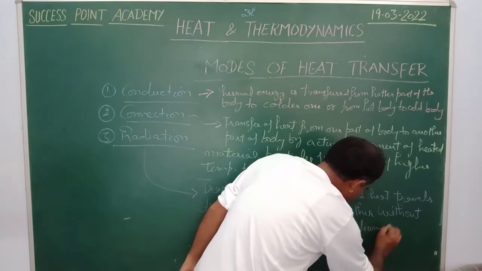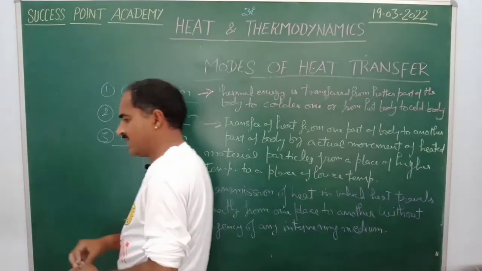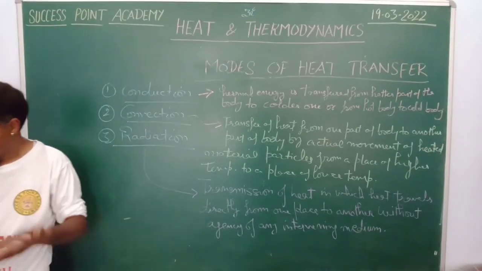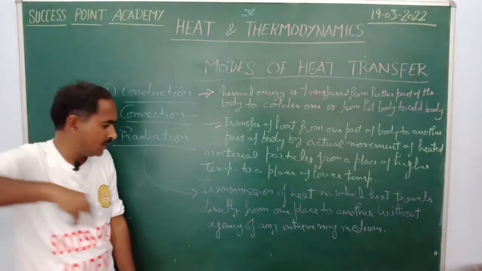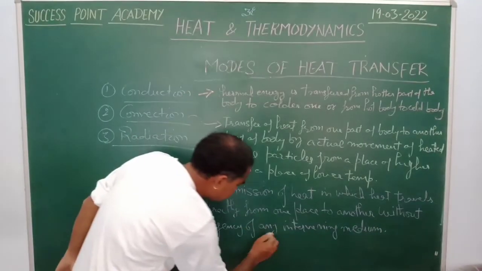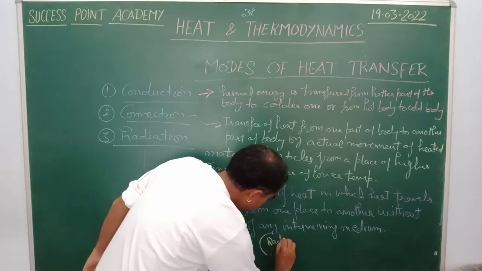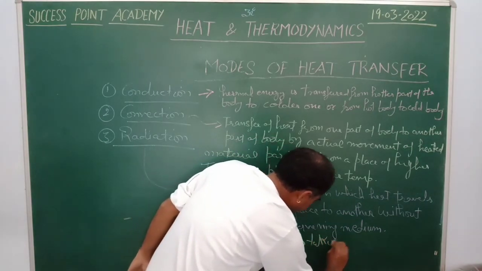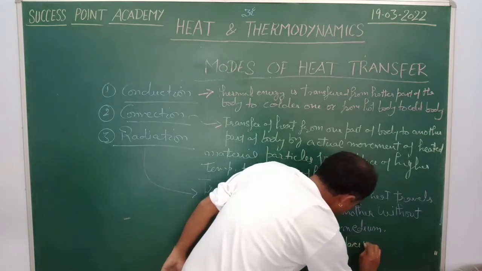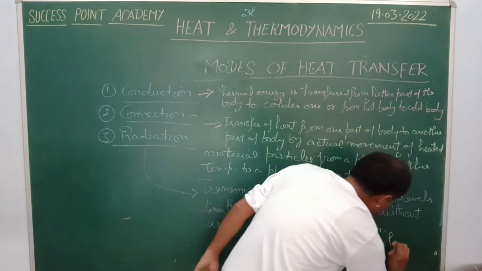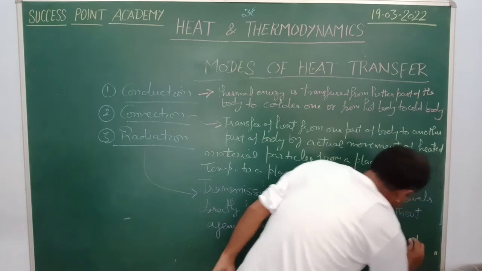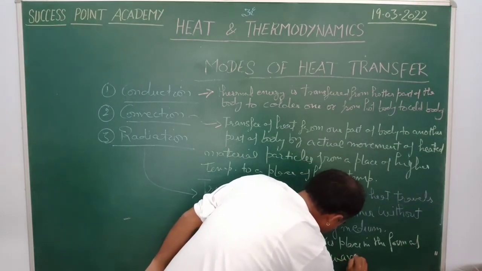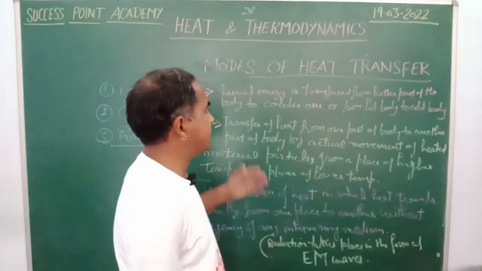This is called radiation. That is why radiations come from the sun. No medium is there. So how does it happen? Radiation takes place in the form of EM waves, meaning electromagnetic waves. Remember this. It takes place in the form of electromagnetic waves.